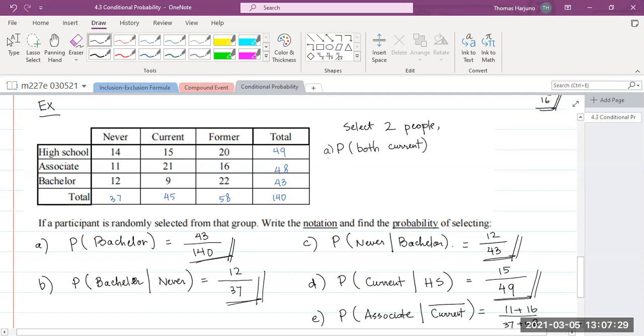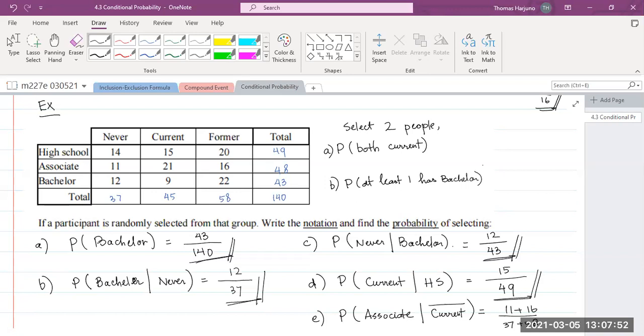And then that's part A. Part B, find the probability that at least one has bachelor. If you select two people, what is the probability that at least one has bachelor? Let me give you 3 or 4 minutes for this. We did this before in the context of Venn diagram. Now let's see how you will do this in the context of contingency table. Not too hard though, it should not be too hard. Okay. Let me ask you to do that, maybe 4 minutes from now.